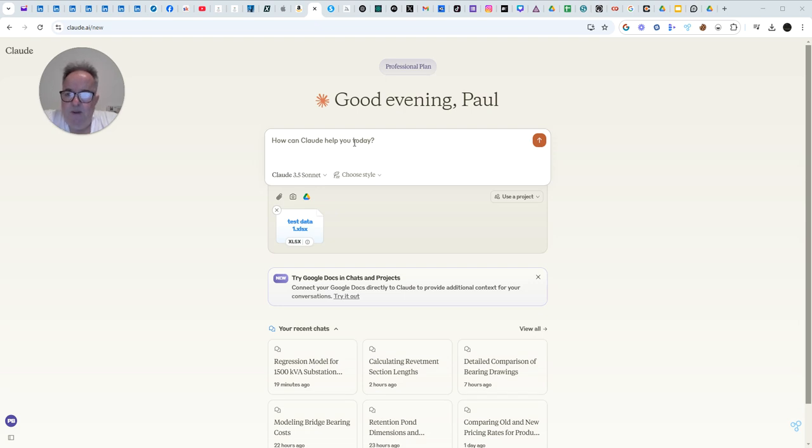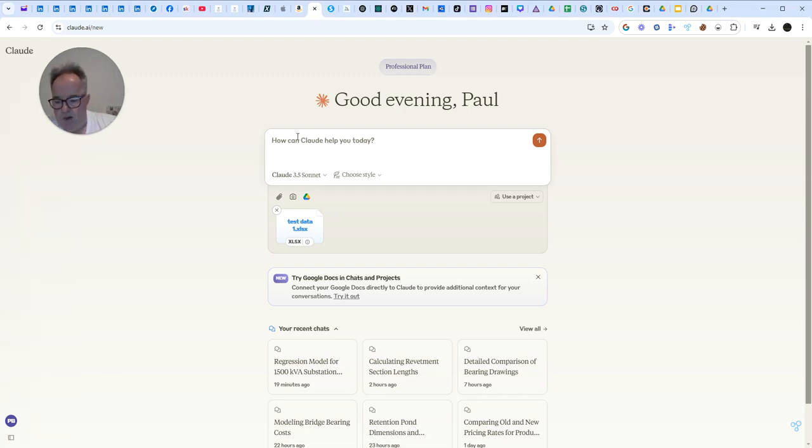So, in other words, if we were in a real-time environment, we might have bid rates, specialist contractor rates for these different categories of KVA. I'm going to ask Claude to generate regression and confirm the regression model. Is it good? And then I'm going to ask it to predict a KVA outside of the three parameters and see what it comes up with in terms of cost.